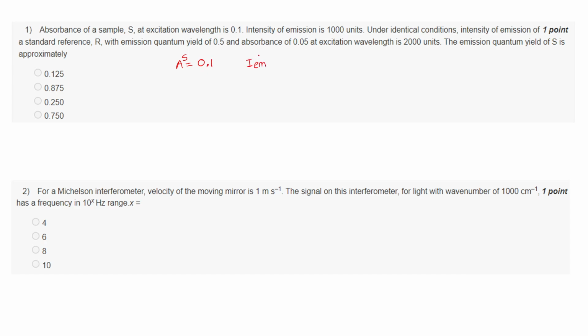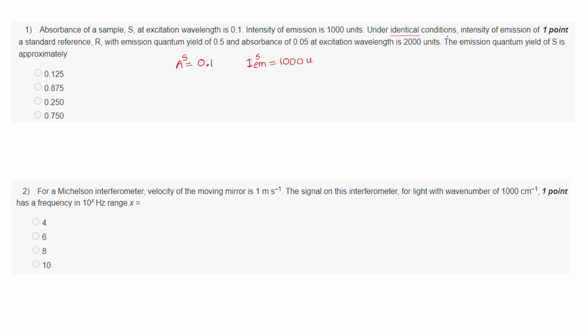The emission of the sample is given, that is 1000 units, under identical conditions. For the quantum yield with respect to the reference, one part was very important, that the conditions should be identical.